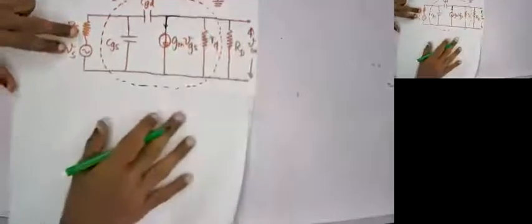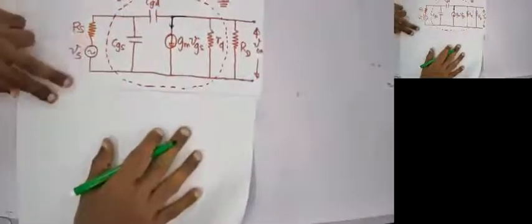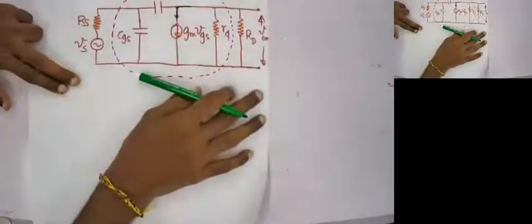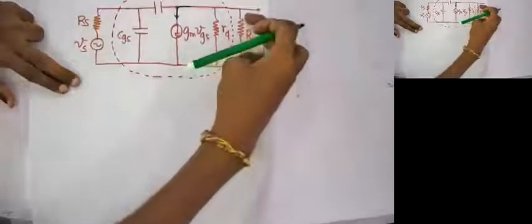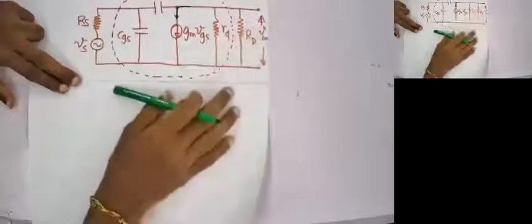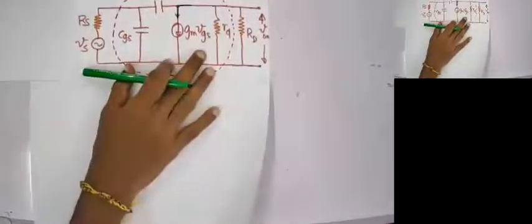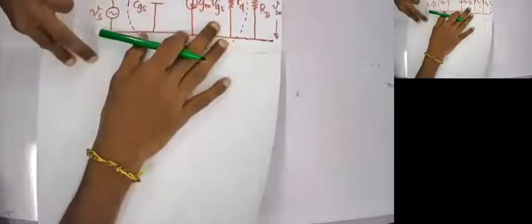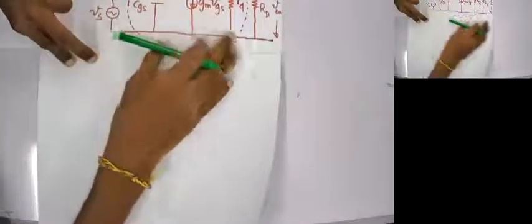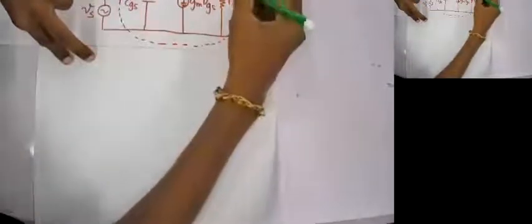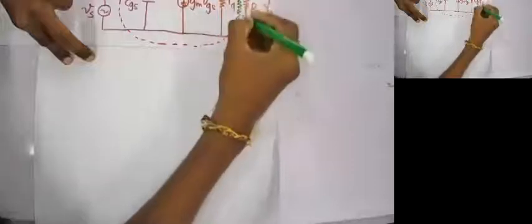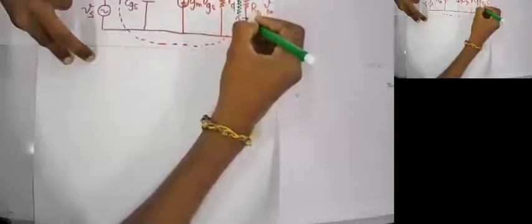ZD, right? So we'll do it again, of course, by calculating this. We'll make it as a single resistance instead of these two, which will be ZD.